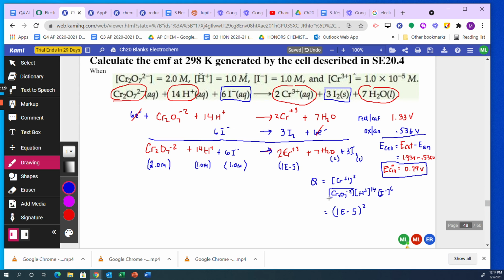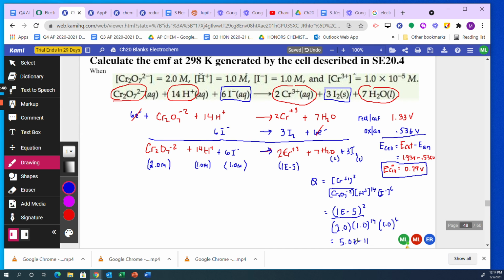That's this number right here, Cr3 plus, over 2.0 to the first power, 1.0 to the 14th power right there, and 1.0 to the 6th power equals. Okay, go ahead and calculate that. I got 5.0 E negative 11.